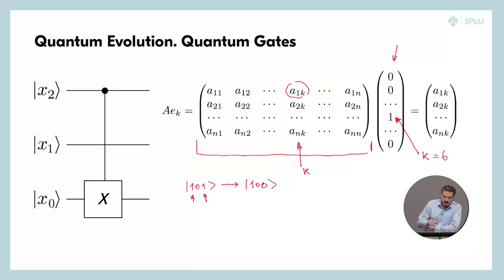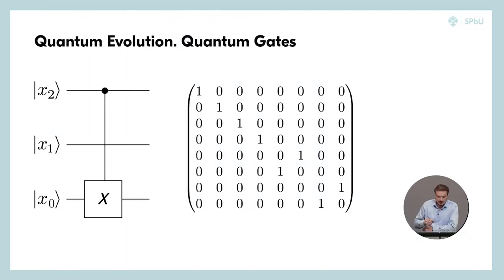So this state is mapped by this operator to this state, which is the vector where we have 1 on place 5. And so we can obtain the whole look of the matrix, which is this.